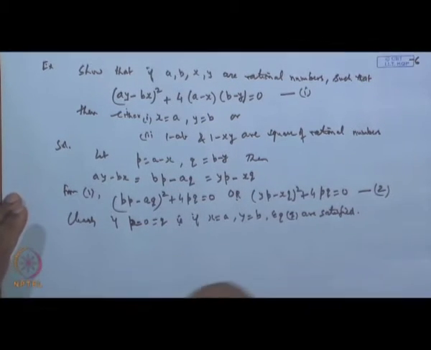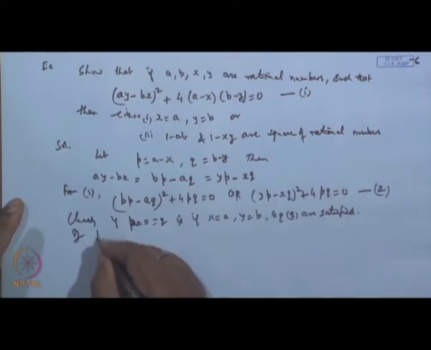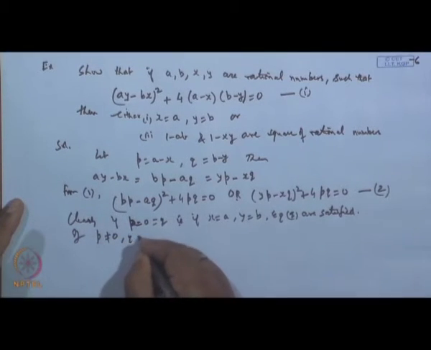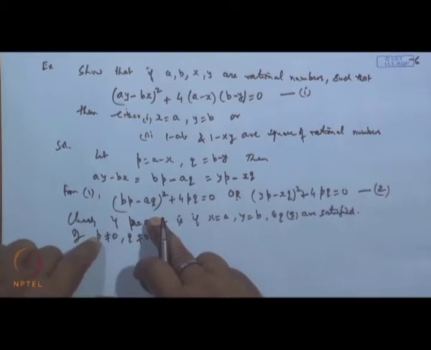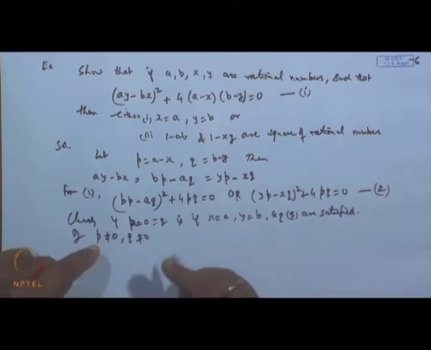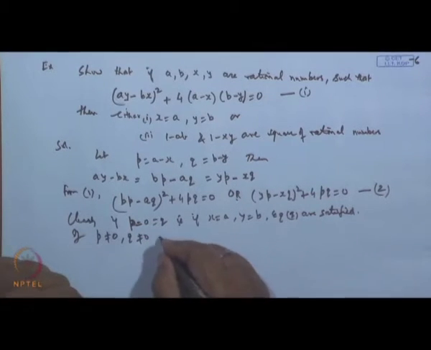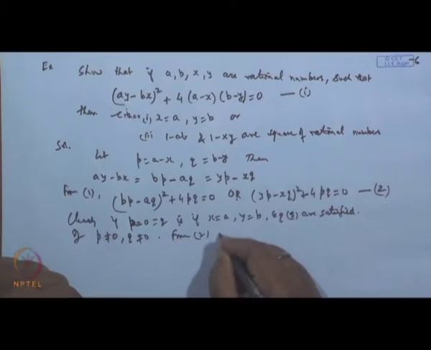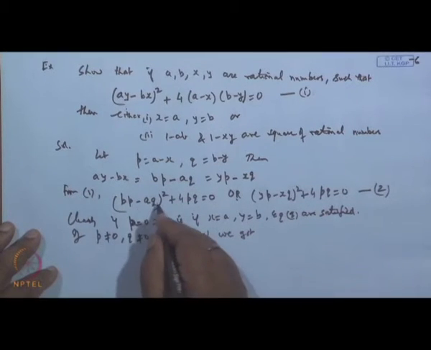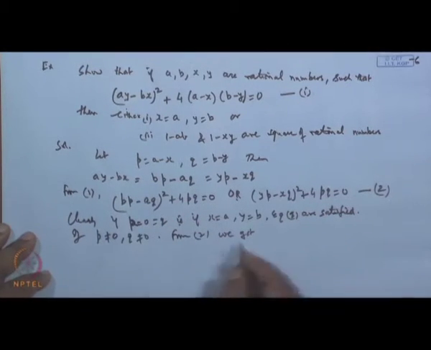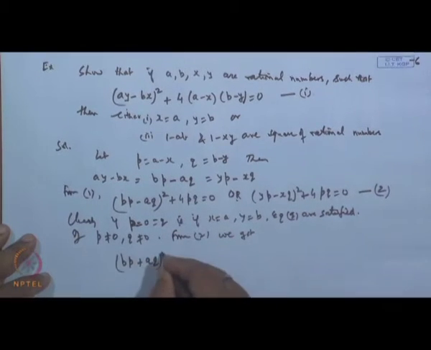Now, if they are not 0, if p is not 0 and q is also not 0, then one can divide equation 2 by pq. So, from equation 2 we get the relation. Now, we can write like this. We wanted to write (1 - ab)pq.